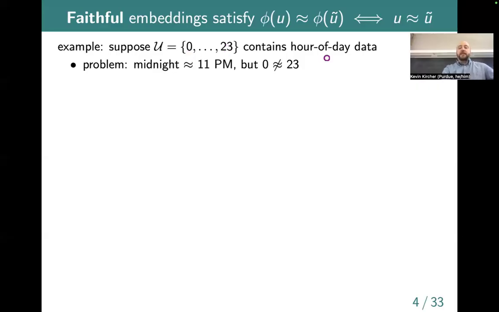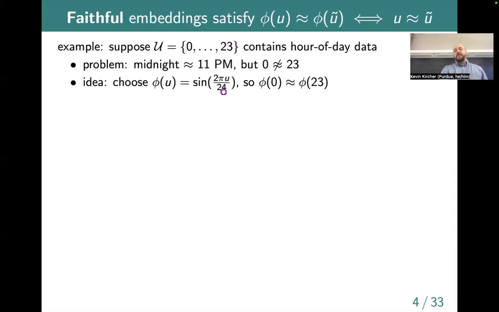So an idea to overcome that would be to choose an embedding which is sinusoidal. Maybe we take the sine of 2 pi times our feature, this thing between 0 and 23, divided by 24. So the input would run between 0 and 2 pi, and the outputs would be -1 to 1. This has a periodic behavior, and we chose the period by the denominator, the 24.